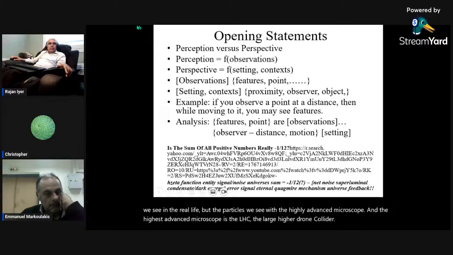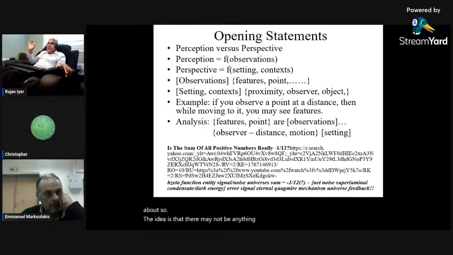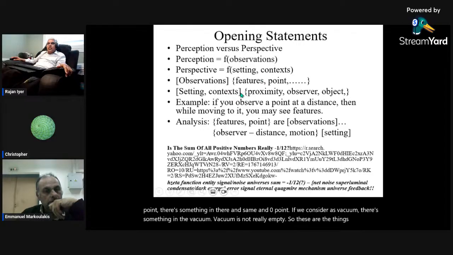Observations depend on the feature point we are talking about. So the idea is that there may not be anything that is at zero. If you are saying a zero point, there's something in there. Same with the vacuum: if we consider zero point as vacuum, there is something in the vacuum. Vacuum is not really empty. These are the things we can immediately start to rationalize.